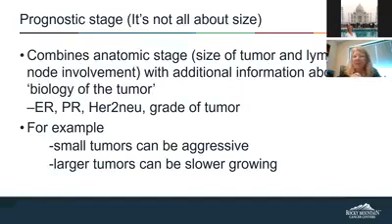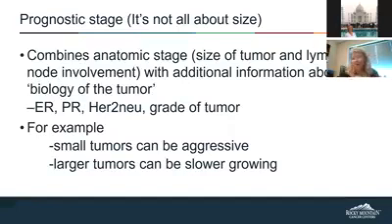But the idea here is that you can have smaller tumors, stage 1 cancers, that are more aggressive. So maybe even though it's a stage 1 cancer, if it's estrogen receptor negative and HER2 negative, that may be a more aggressive cancer than a larger cancer, maybe even with lymph node involvement, if it's a really slow growing cancer.